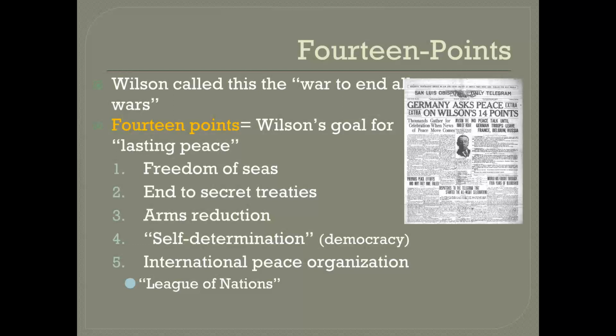And of course, self-determination is going against the idea of imperialism, that you shouldn't have imperialist powers. And then the last one that we have listed here was an international peace organization, which would be the League of Nations, where countries could come together and try to settle any disputes before they led to conflict. So the 14 Points was Wilson's plan for lasting peace.